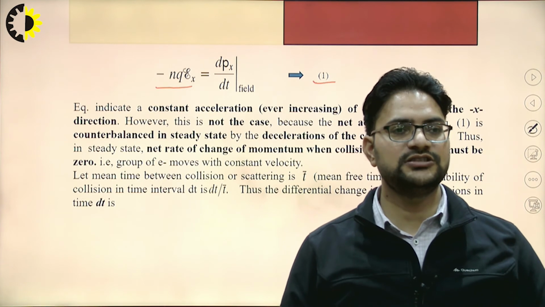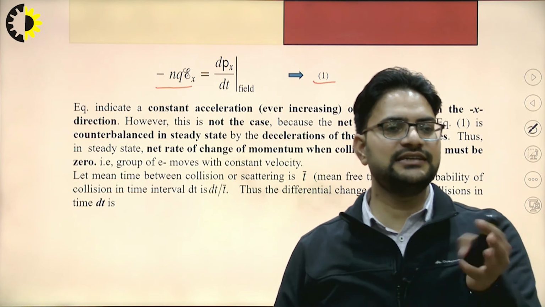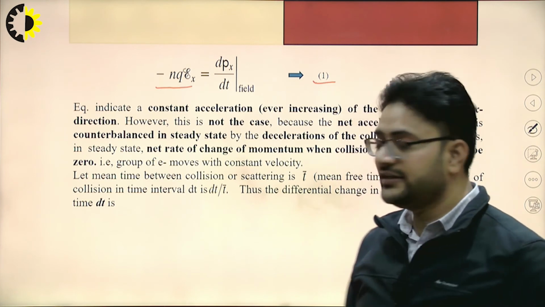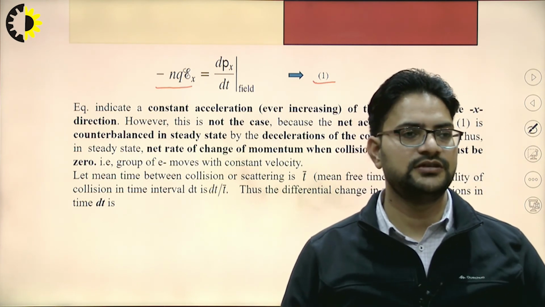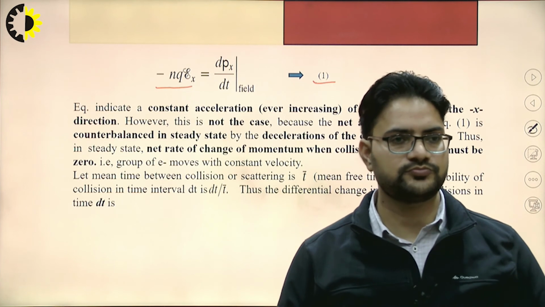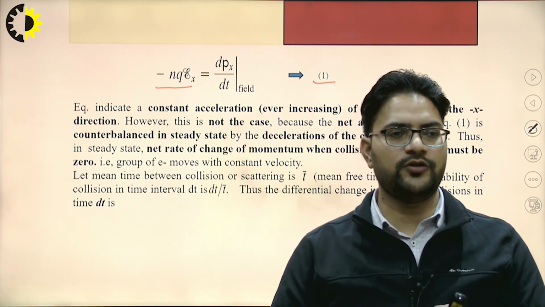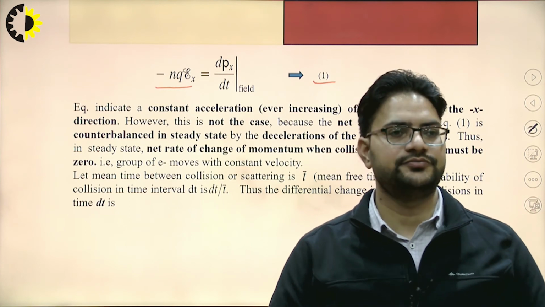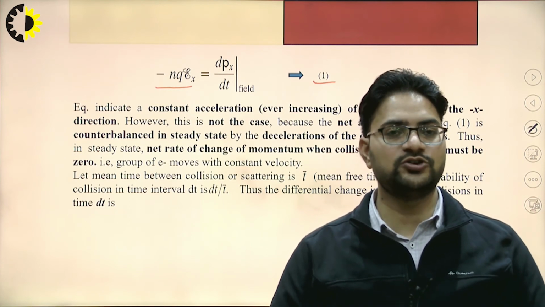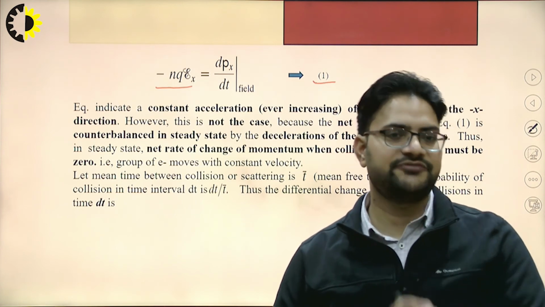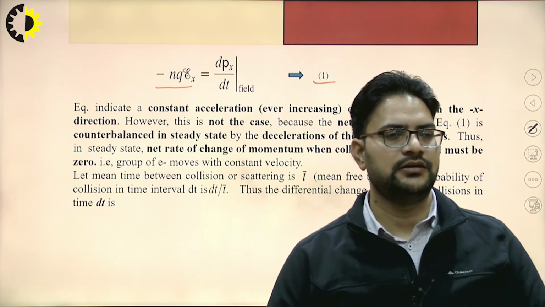This is due to the net change of momentum when collisions are included. It must be 0, right? So the group of electrons moves with a constant velocity if I apply the electric field in this case, right?